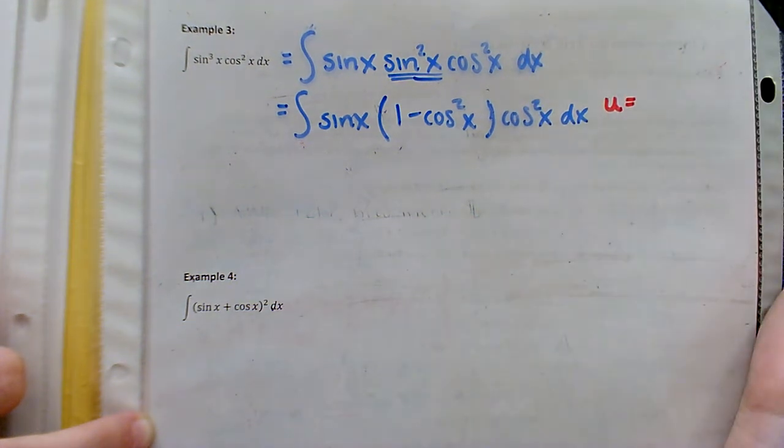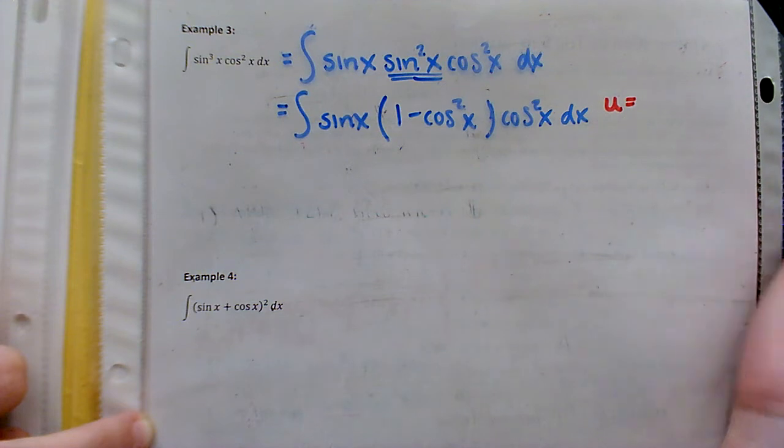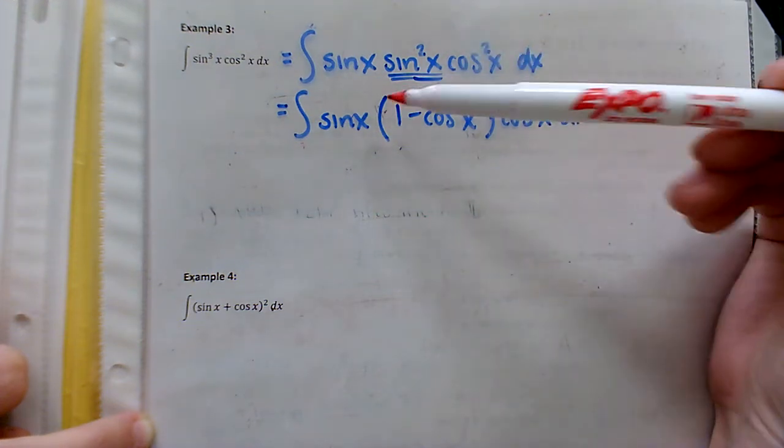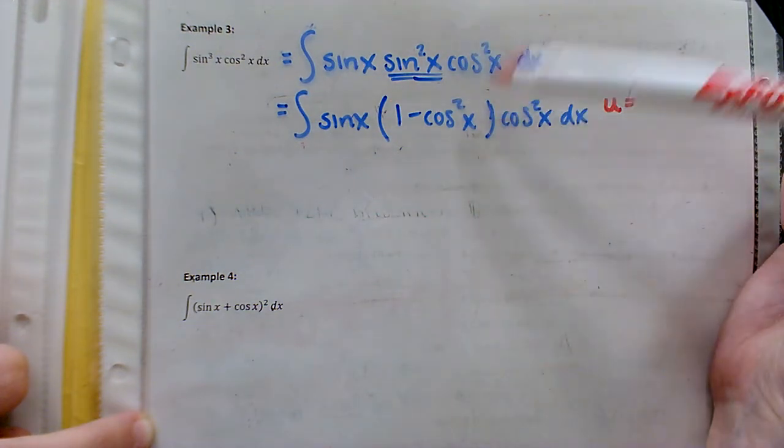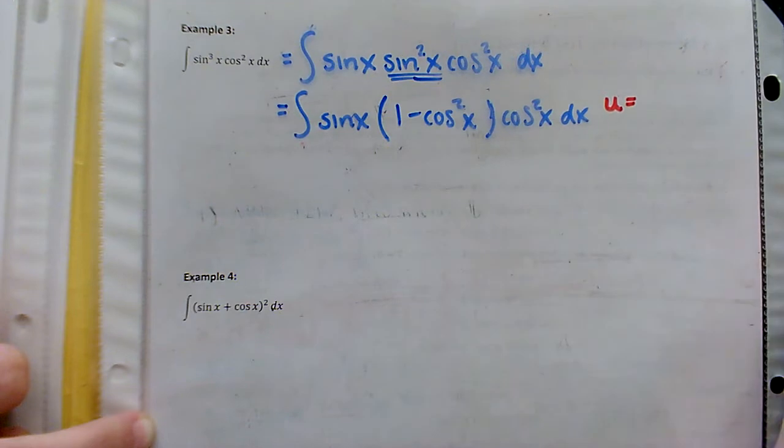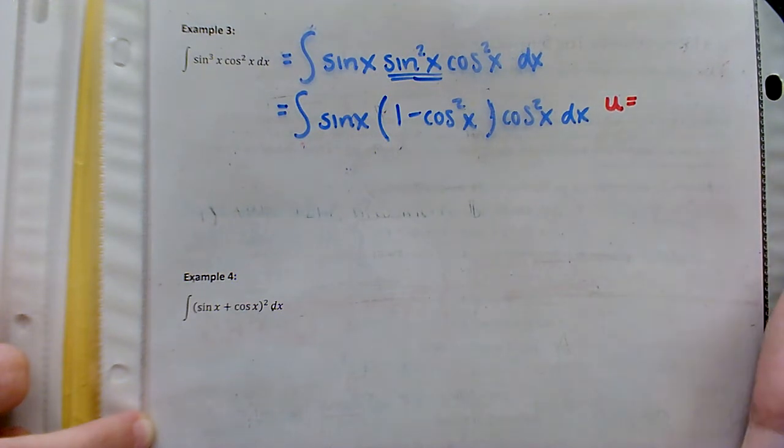Okay. We got to choose something that kind of looks like it's on the inside, but I don't want you guys to get too caught up in that concept, because I know when I say inside, you guys think parentheses, right? 1 minus cosine squared is on the inside of those, okay?